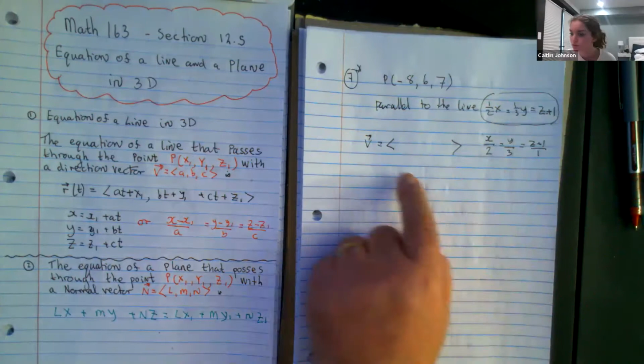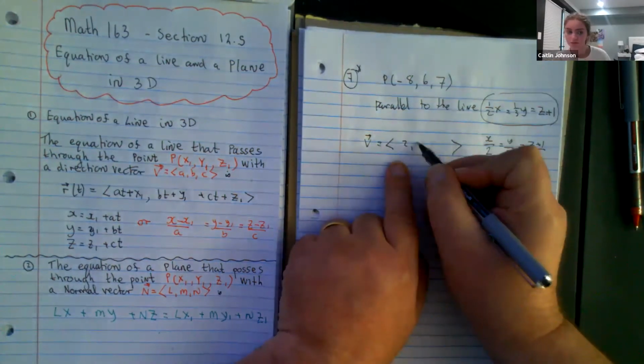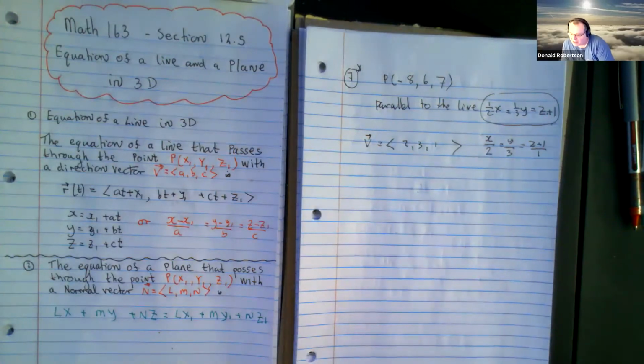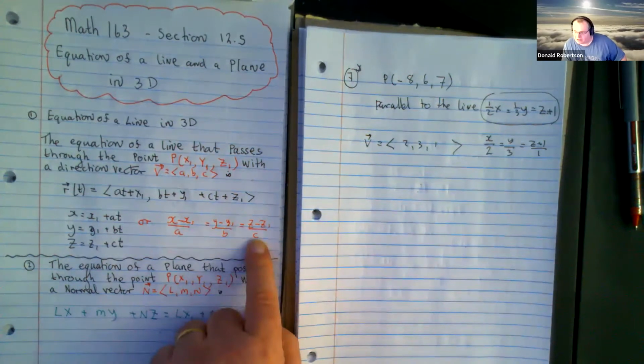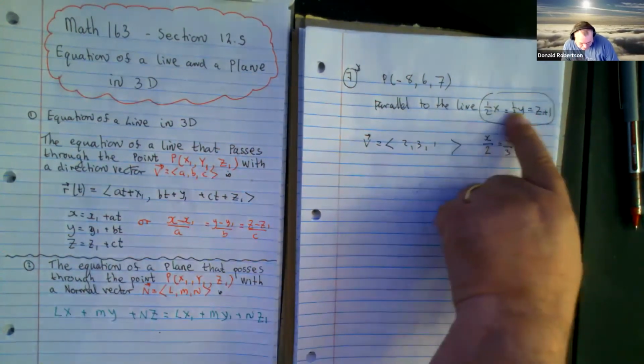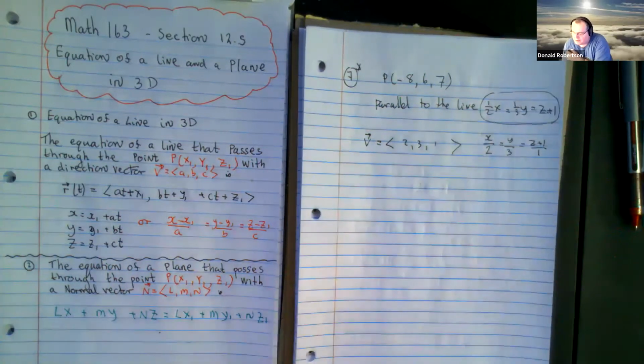Is it 2, 3, 1? Correct. The numbers on the bottom would be the direction vector, A, B, C. Agreed? Do you see how they kind of muddied the water by the way they've written it? So sometimes you have to think of a better way to write it.